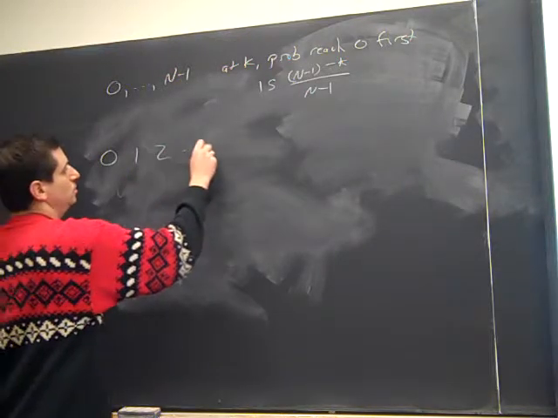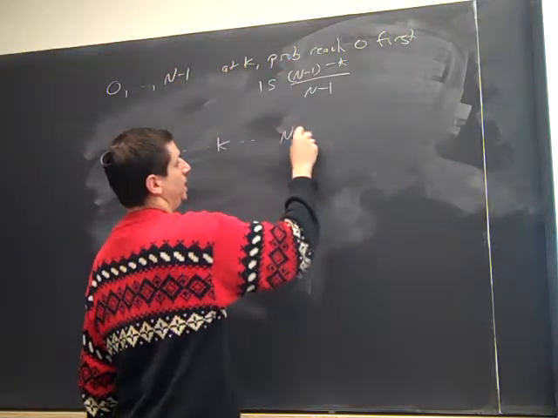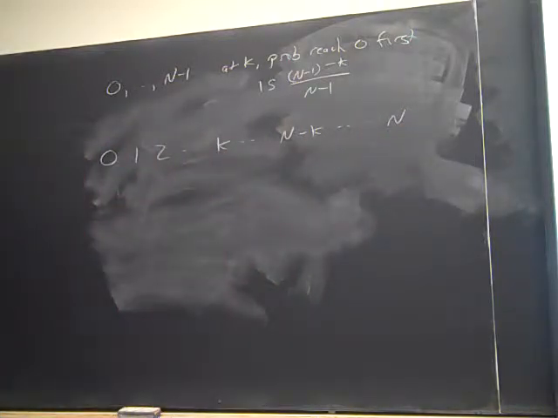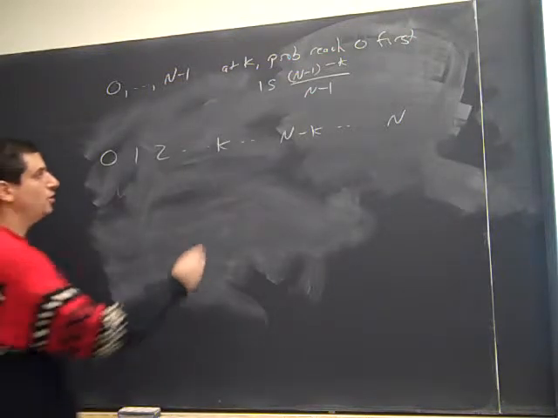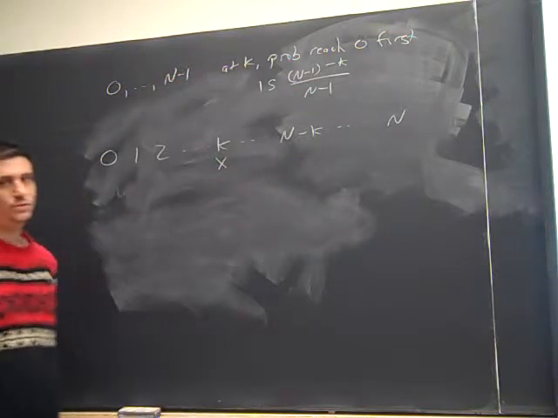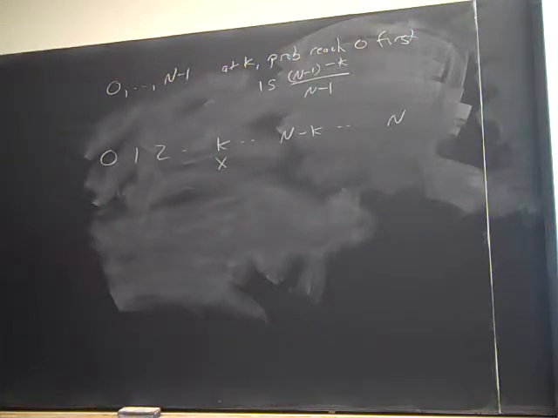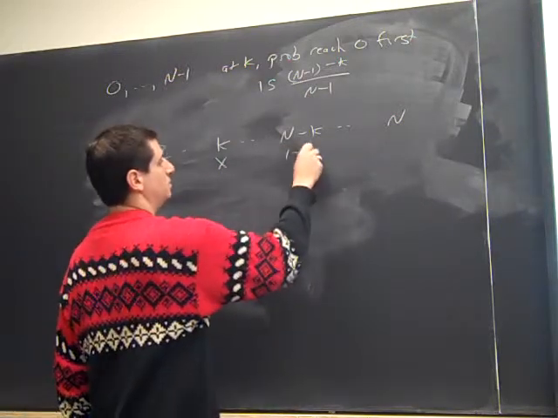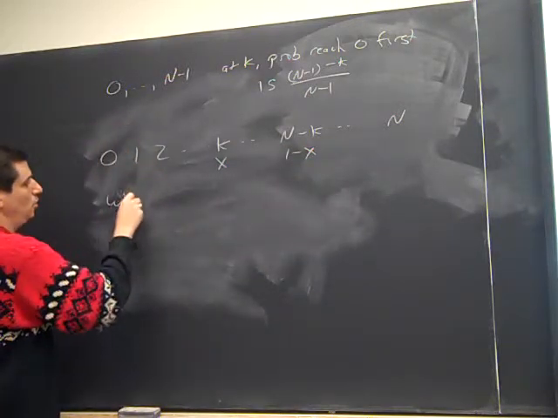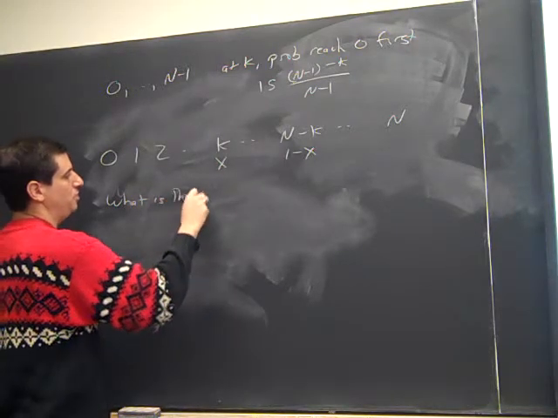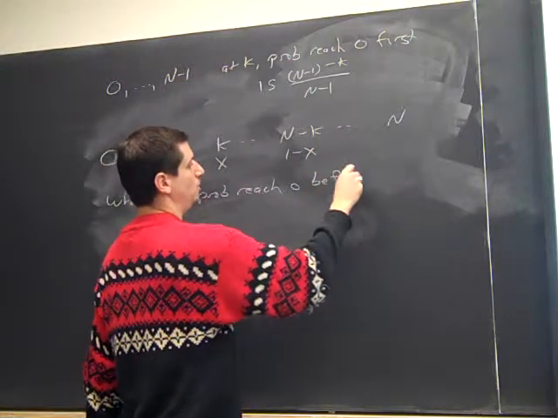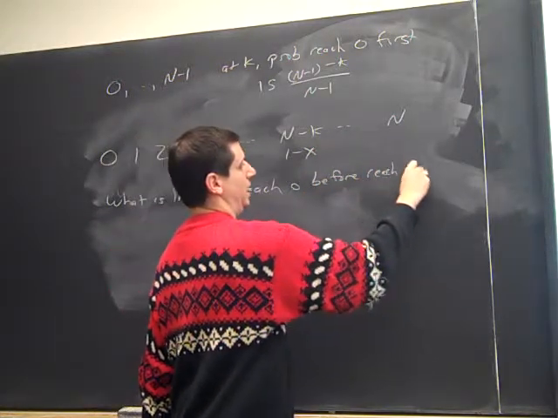0, 1, 2, k, n minus k, n. So your idea of pairing off k with n minus k is a very good idea. Let's call this probability x. What's the probability at n minus k? 1 minus x. So, what is the probability we reach 0 before we reach n minus k?